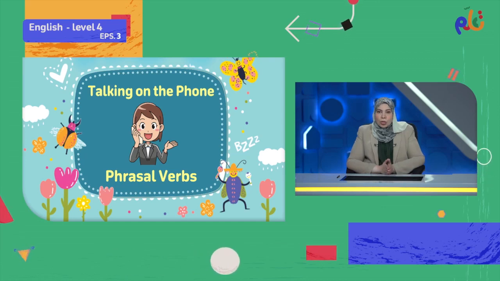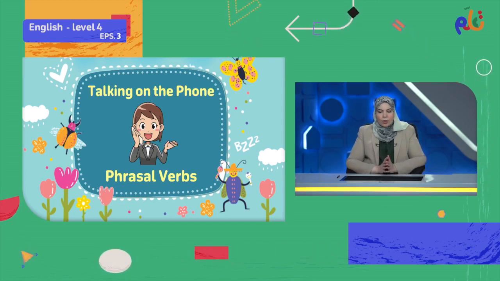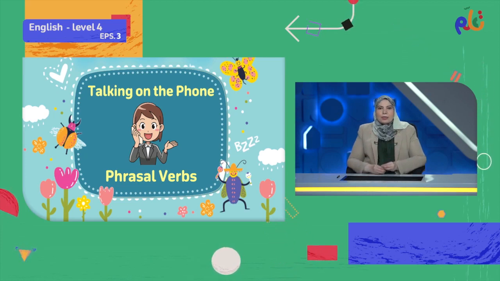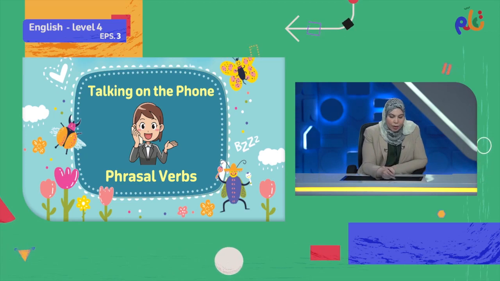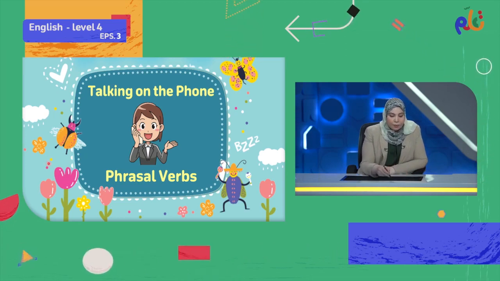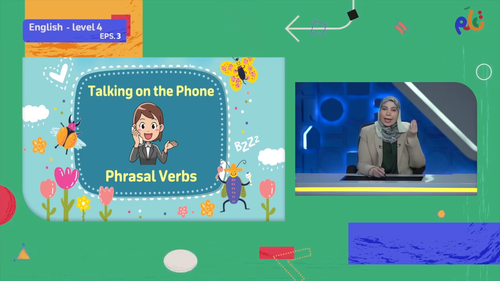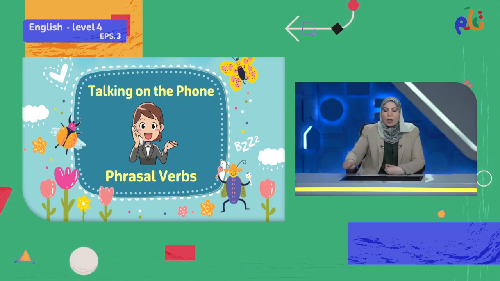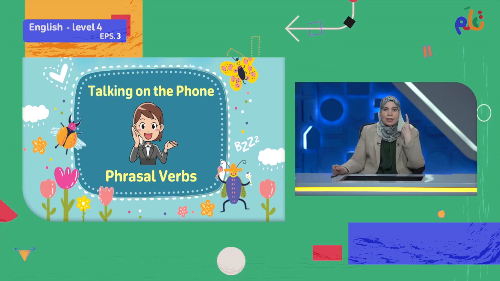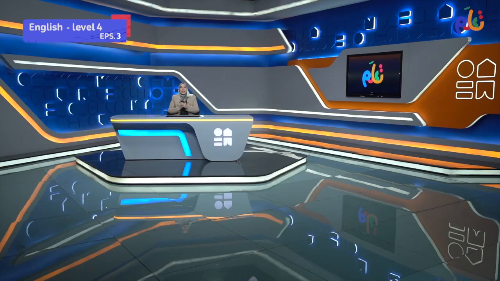Before we say anything, let's look at the idea of phrasal verb. What do we mean by phrasal verb? We're talking about a verb, but here we have the idea of phrase. So it's not a verb that consists of one word. A phrasal verb is a verb that has more than one word.